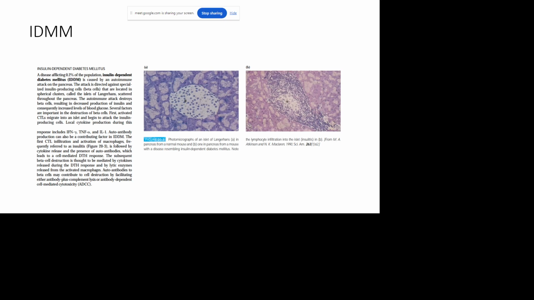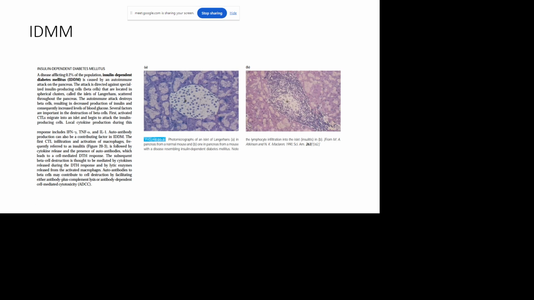They are phagocytic cells and they can release lytic enzymes which can destroy the cell. So that can destroy the beta cells, which will result in damaged cells and lead to decreased production of insulin.